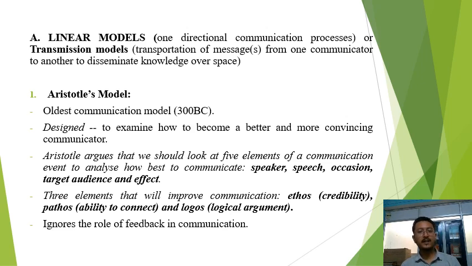Now, since it is a linear process, with one-way communication, the emphasis is on the speaker, that is the source of the message, or the message itself. So three things to improve the communication: ethos, the credibility of the speaker; pathos, the ability to connect with the audience; and logos, the logical argument that can be put forward by the speaker, right?